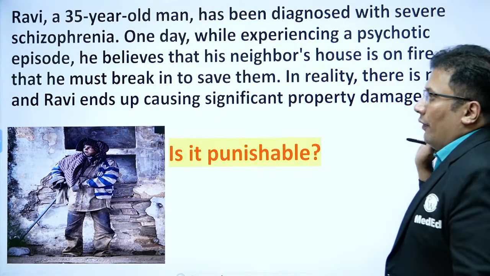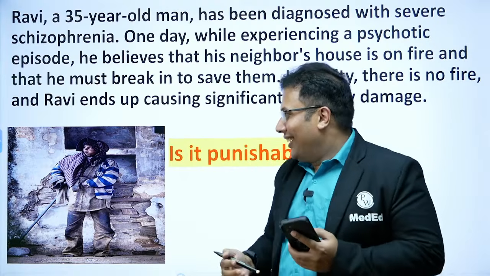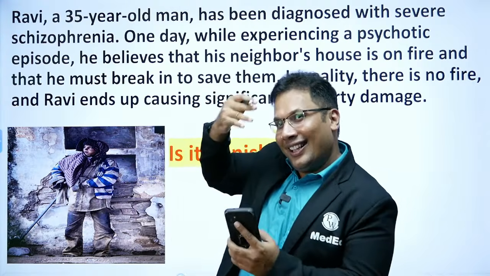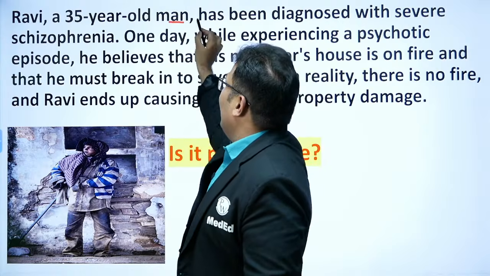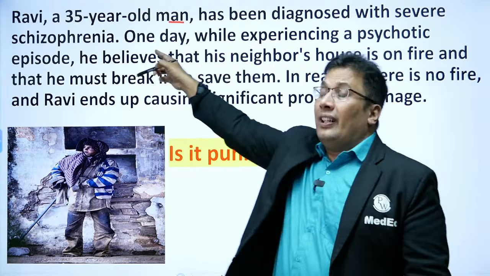Now let's see some examples. Look at this, a very interesting scenario. All of you try to understand. He is Ravi. Ravi, a 35-year-old man, has been diagnosed with severe schizophrenia.